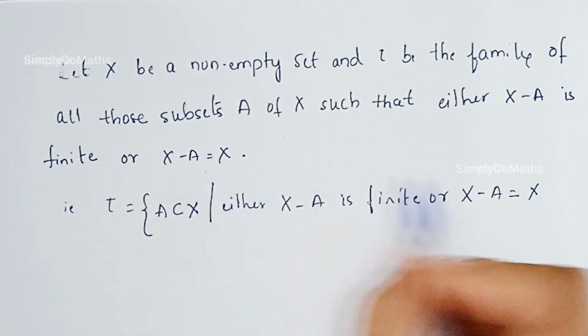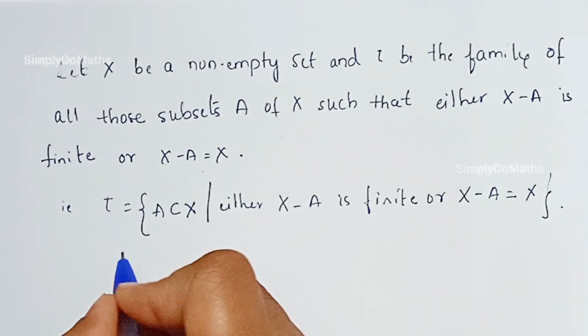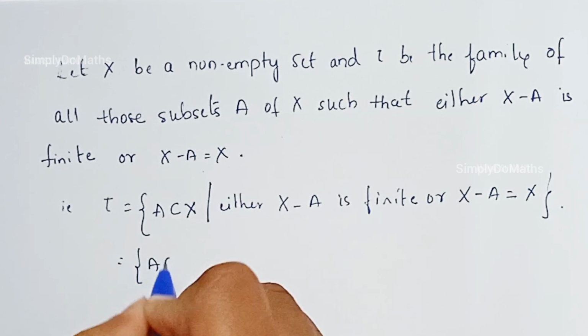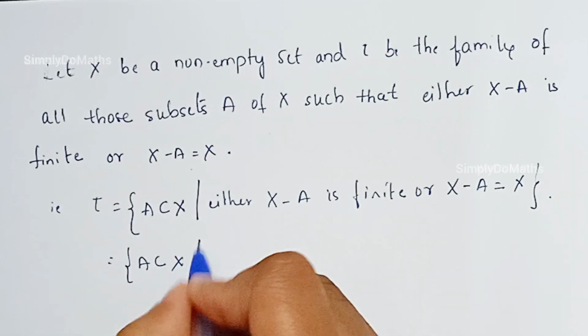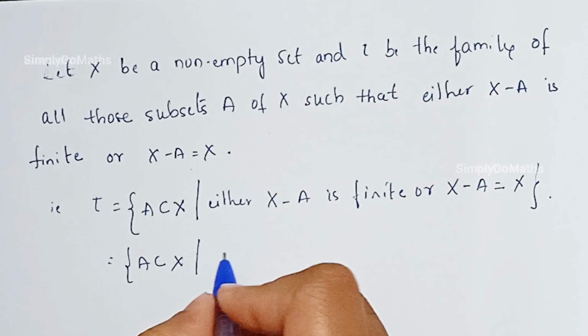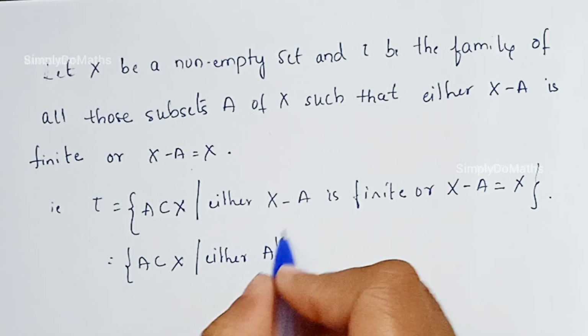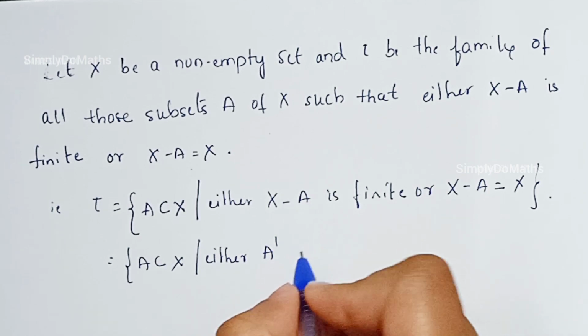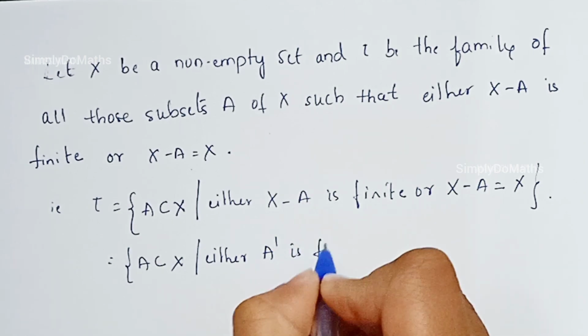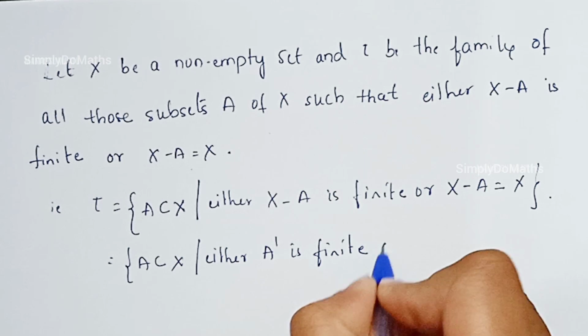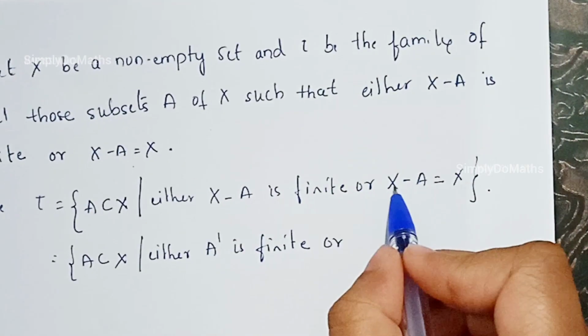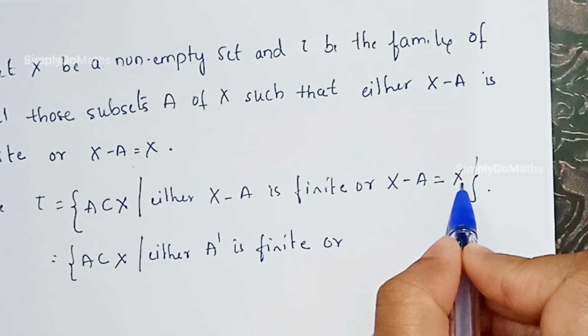X minus A equal to X itself, which implies here A is a subset of X. Either X minus A can be written as A dash, that is complement of A, which is finite, or we need X minus A equal to X itself.